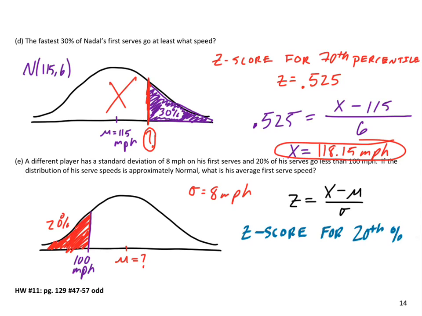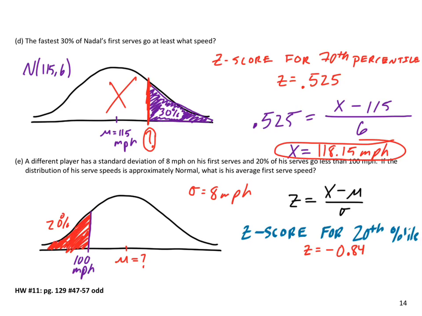Here we're going to write percentile like this right now. I ran out of room. So go to the table. What comes up with the 20%? What's the z-score? Negative 0.84. Or is it 0.84 or 0.83? I don't remember. 0.84. Okay.